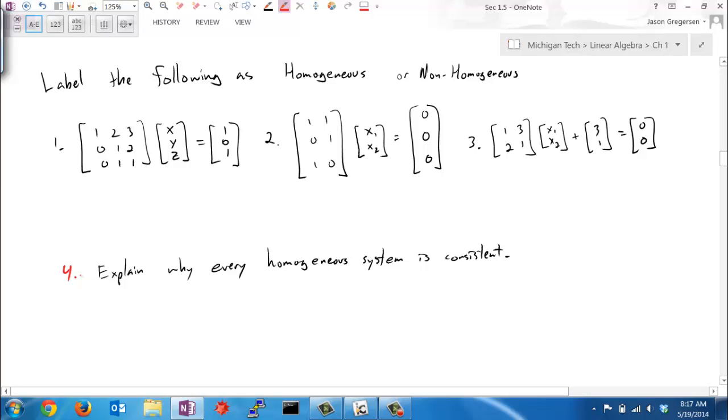The first 3 are just label the following systems as homogeneous or non-homogeneous. I think from the reading we should really get that definition down. And number 4 is explain why every homogeneous system is consistent. A little statement in words, however you want to answer that. I'll give you a couple minutes to answer these, and then we'll hand them in. Make sure your name is on them.